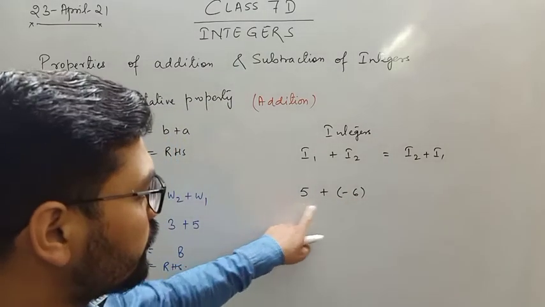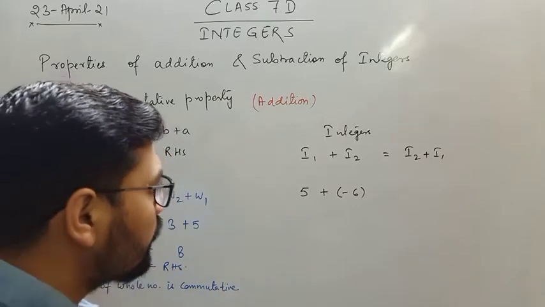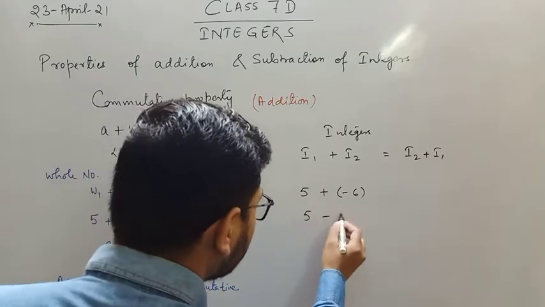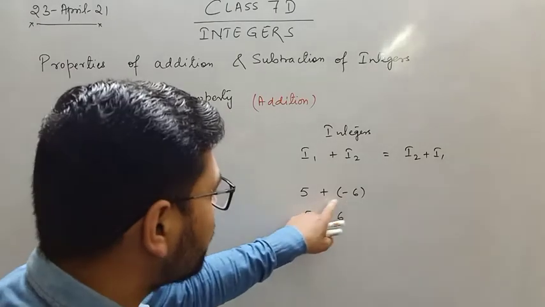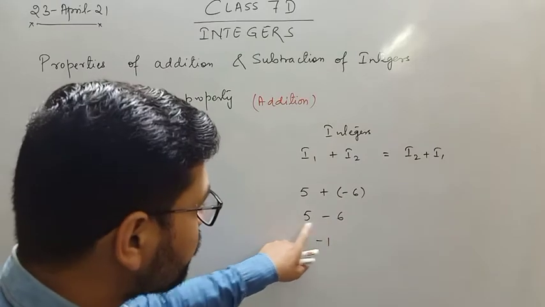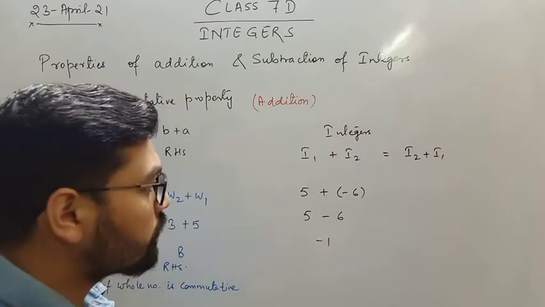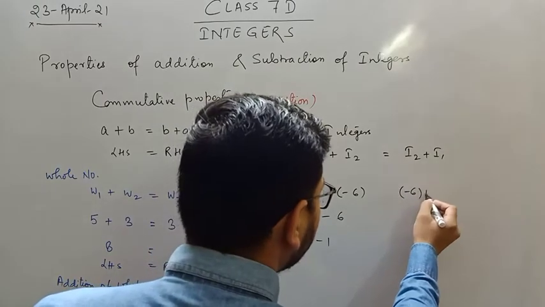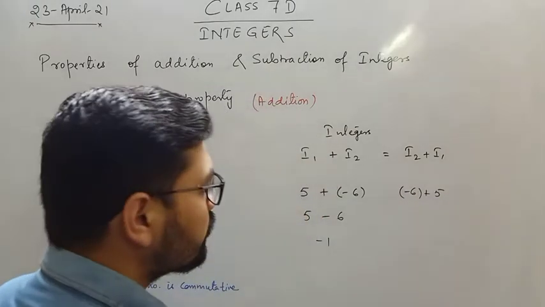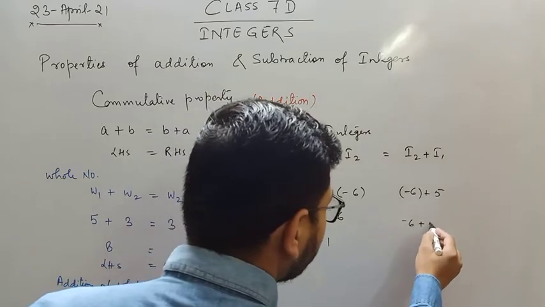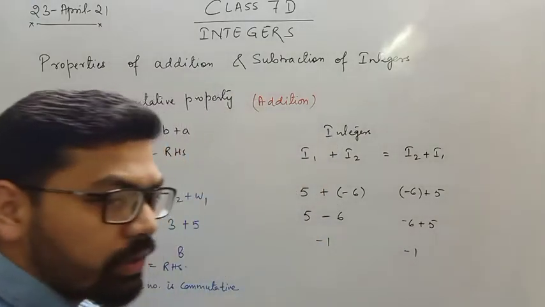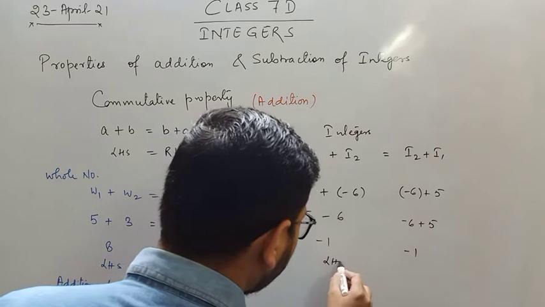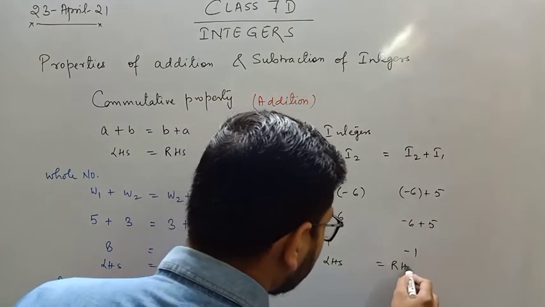This is a positive integer, this is a negative integer. What result I'll get is minus 1. Plus 5 minus 6 will give me minus 1. Now if I write minus 6 first then plus 5, so minus 6 plus 5 will give me minus 1. So I can say LHS is equals to RHS.